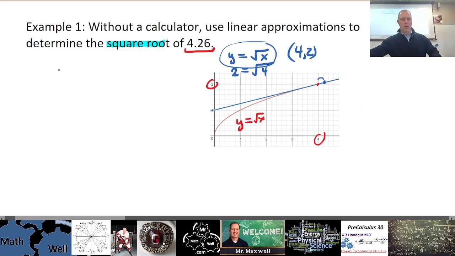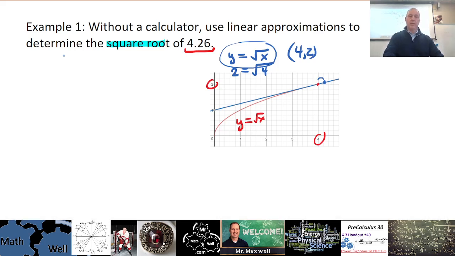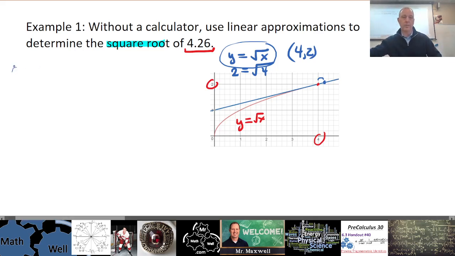So what is my linearization formula, or the equation there? L of x equals f of a plus f prime of a times x minus a. Now we'll talk about exactly what a is again here.